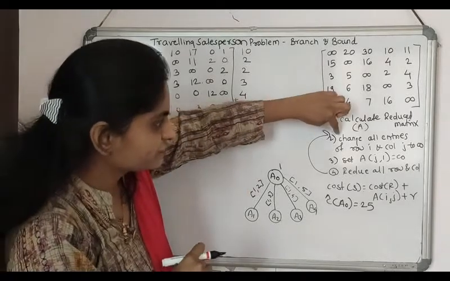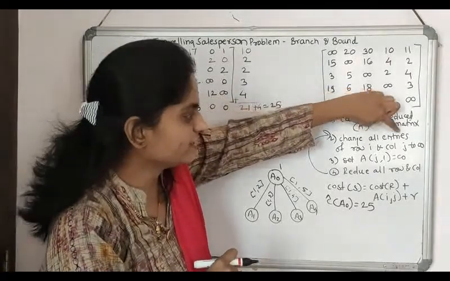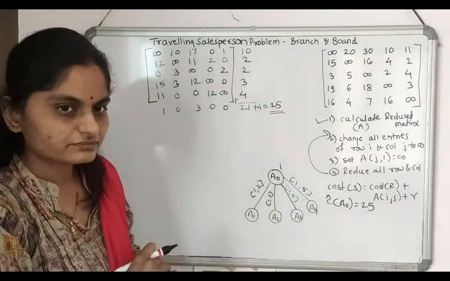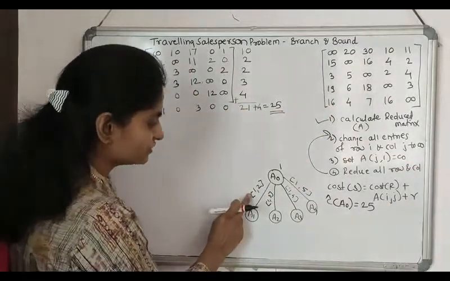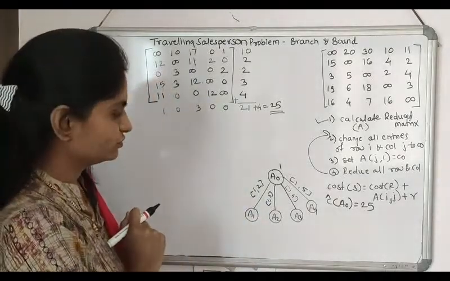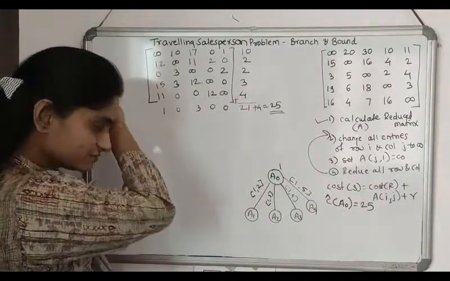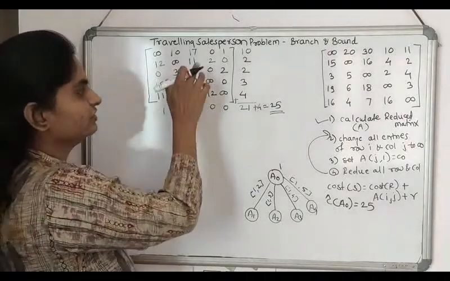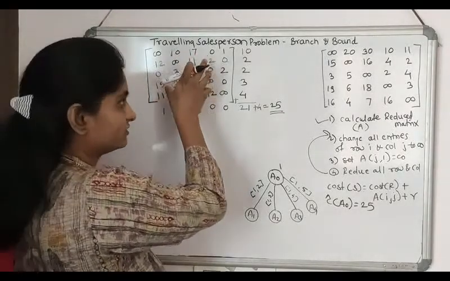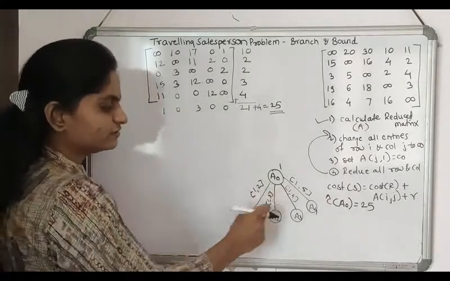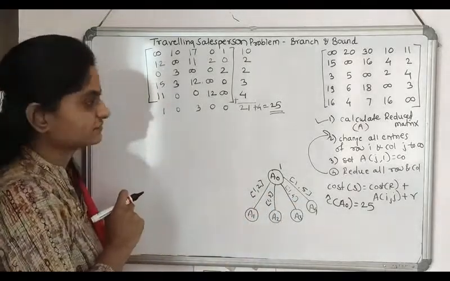Then first change all entries of row I and column J to infinity. Path 1 to 2 means I is equal to 1 and J is equal to 2. Here is the matrix, our original matrix. We can use these values to calculate all other entries.